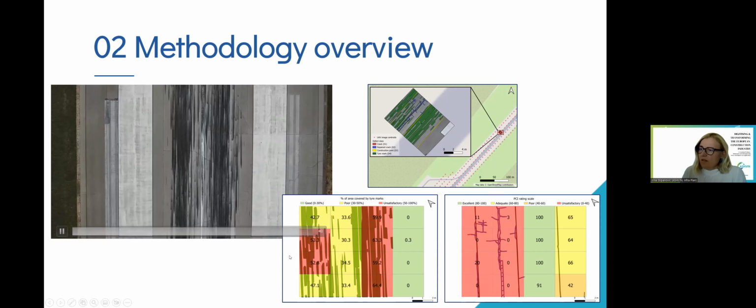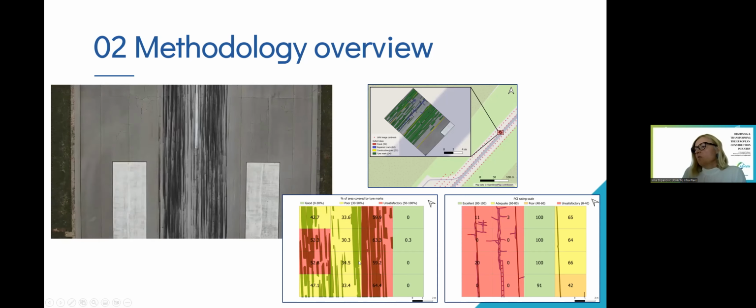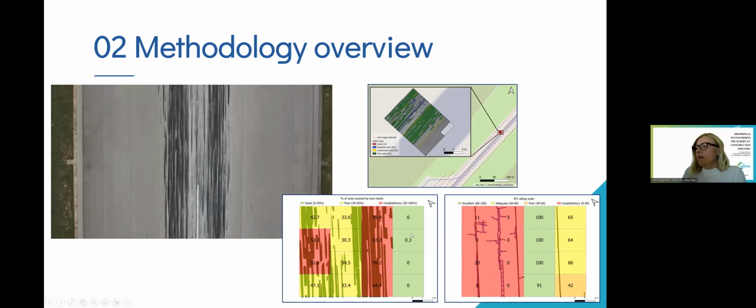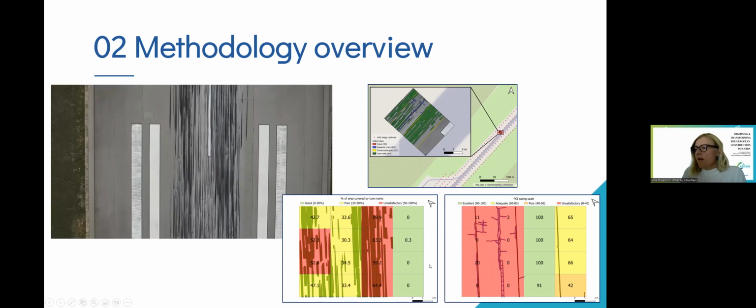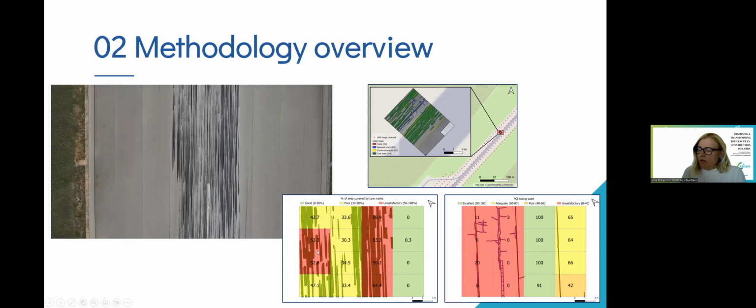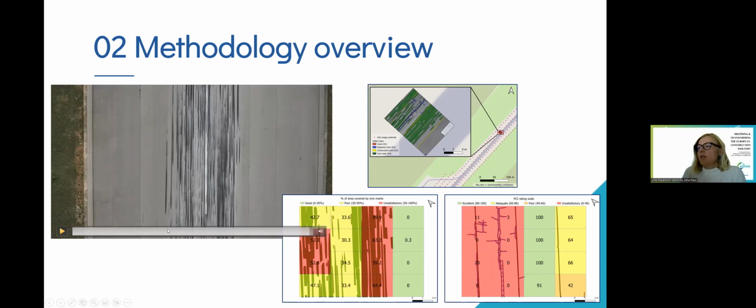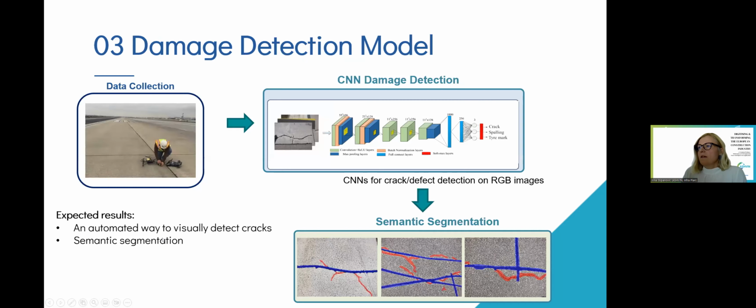With the damage detection model, which Ilias will explain in much more detail, we classified and geolocated the damages, and then based on the quantity of the damages and thresholds applied from those standards, we have classified the runway, giving a condition assessment at this moment in time. So I give the word to Ilias now.